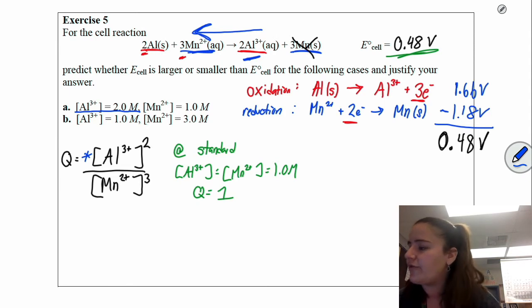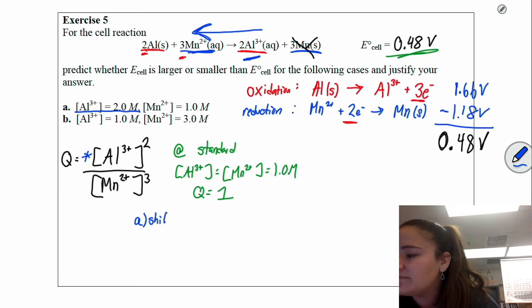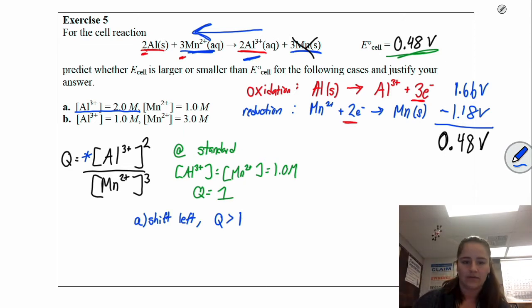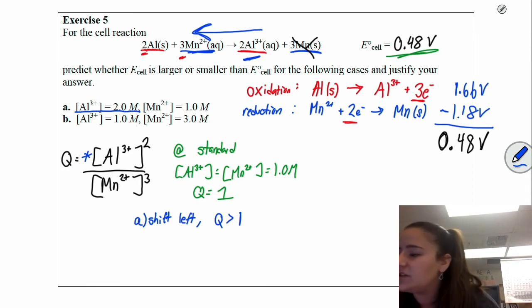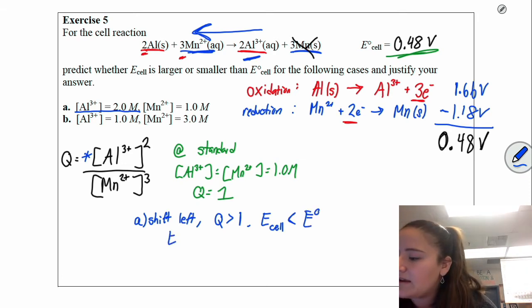So for A, it is a shift left, aka Q is greater than 1, meaning that our E cell is going to decrease. It's going to be less than E naught, aka E cell decreases.